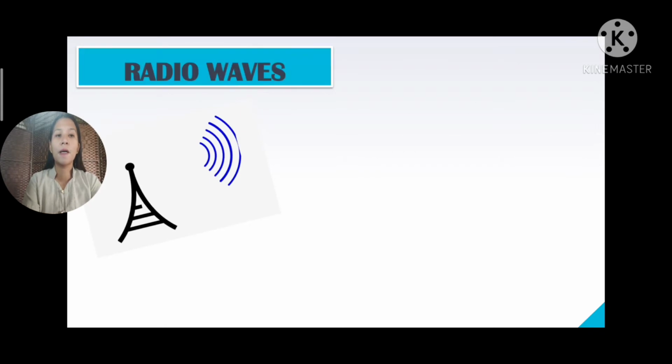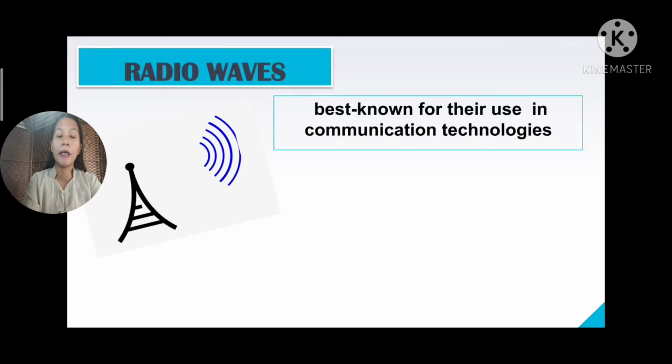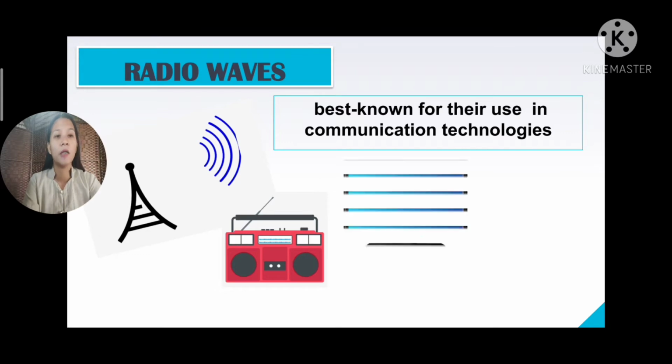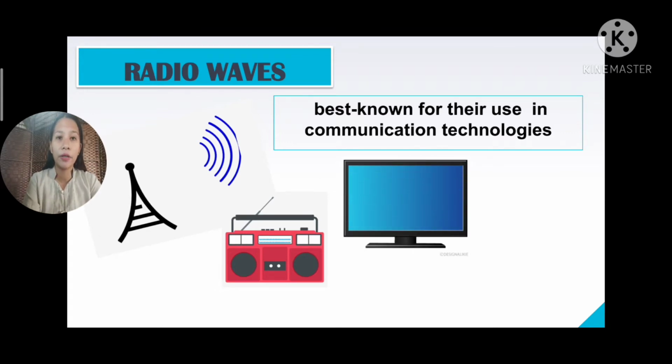Radio waves are best known for their use in communication technologies, like listening to your favorite song using the radio, or watching your favorite TV show on the television, and also chatting with your friends using your cell phone.